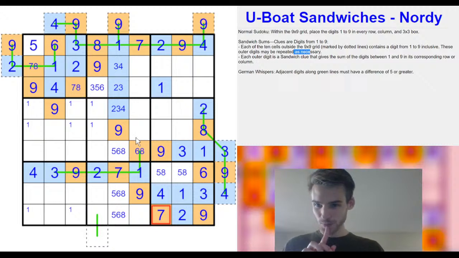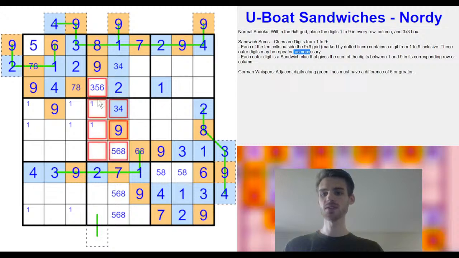Okay, so what else do we have? We have that there's definitely a 2 in here. Oh, there's not a 2 here, which gives us a 2 here, actually. Oh, and there's a 2, if you look at this box, this 2 has been very good to us.